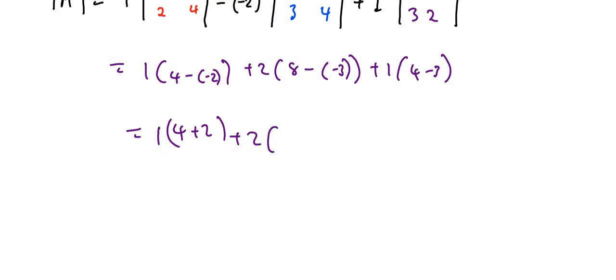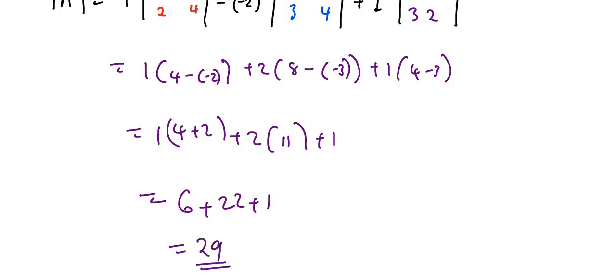This is going to be 8, 9, 10, 11. This will be a 6. This will be 22 plus 1. This will simply give us 29. So the determinant of A is actually 29.